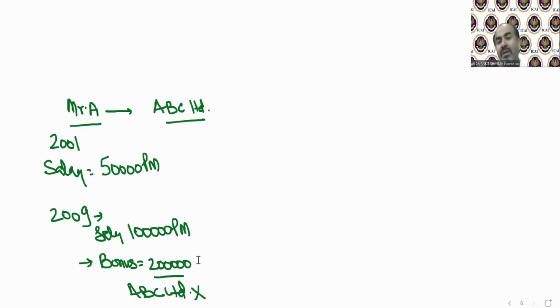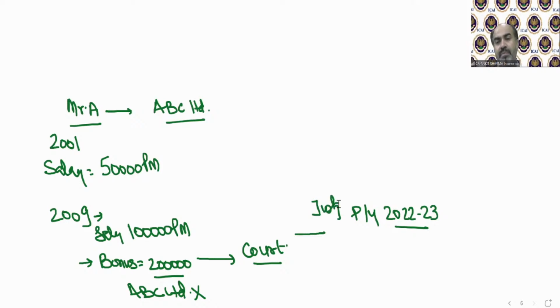Now this case was transferred to the court. Mr. A went to the court saying this employer is not giving me the bonus which I am entitled to have received. The employer said, no, we are not going to pay him any bonus. Now in the previous year, 2022-23, the judgment came and the court said, yes, Mr.